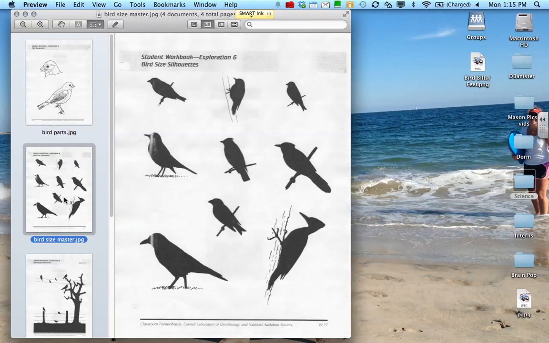Now looking back here at bird shape, birds we try to talk about in geometric shapes. So we talk about like ovals or circles or rectangles or triangles, and we can divide the bird up into its different parts. So for example, the head can be a circle, the body could be an oval, and the tail could be a rectangle.